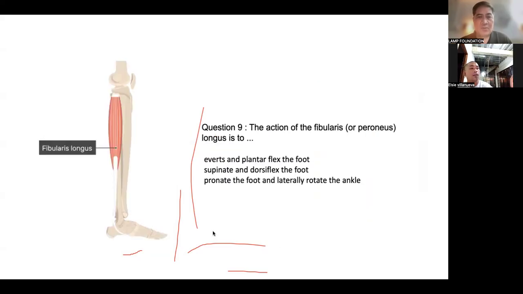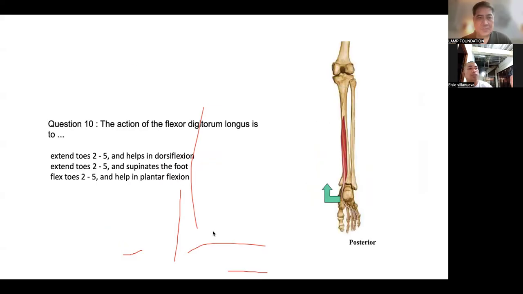Action of fibularis or peroneus longus: invert and plantar flex the foot. Action of flexor digitorum longus: flex toes number 2 to 5 and help the plantar flexion.